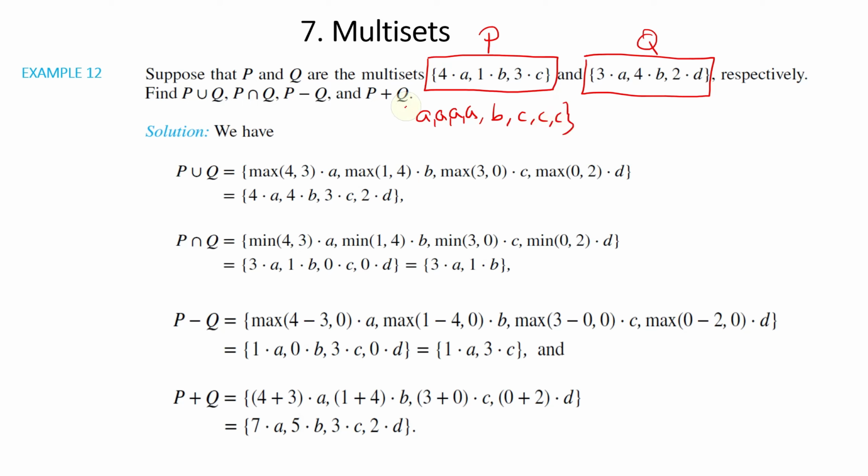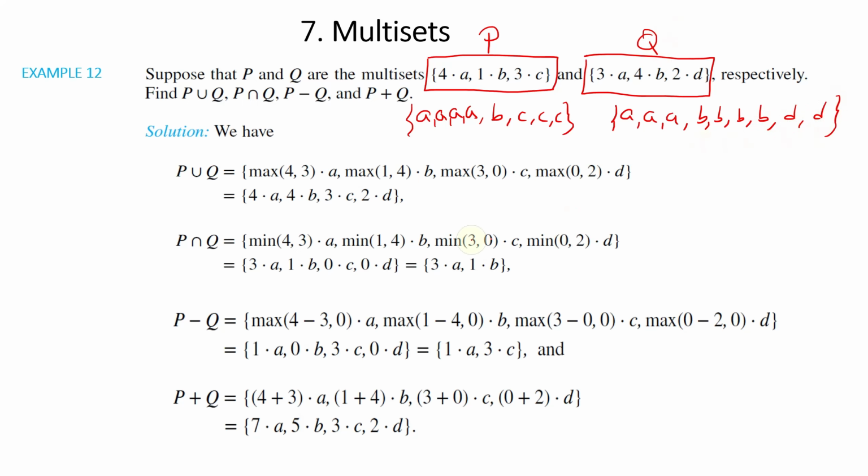What about Q? Q has 3 A's, 4 B's, and 2 D's.